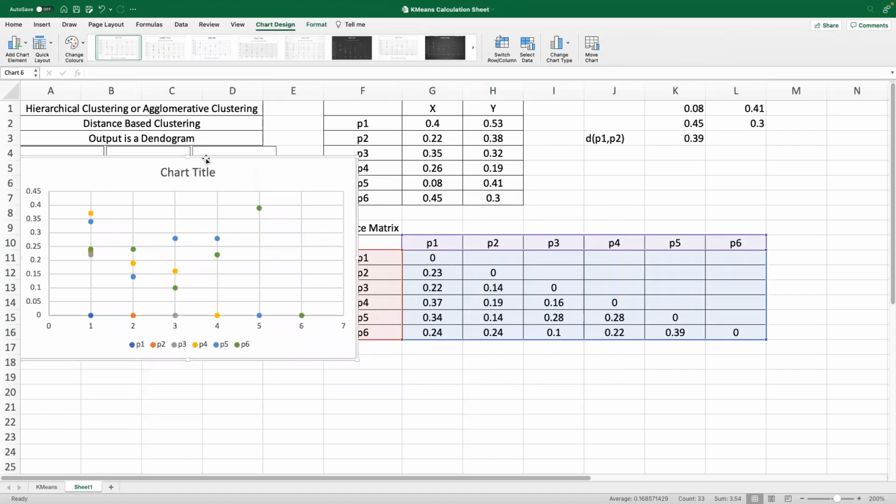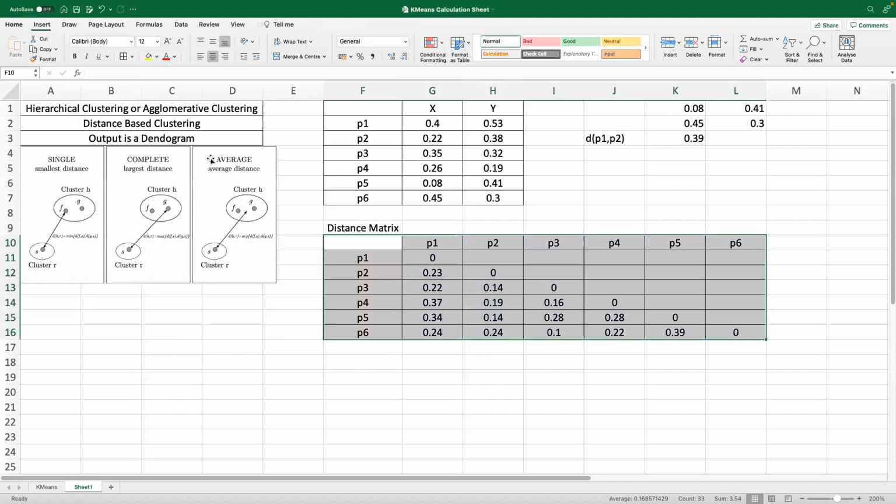Which are the two clusters that are shortest to one another? I think P3 and P6. P3 and P6 are the closest points. This is the closest point.